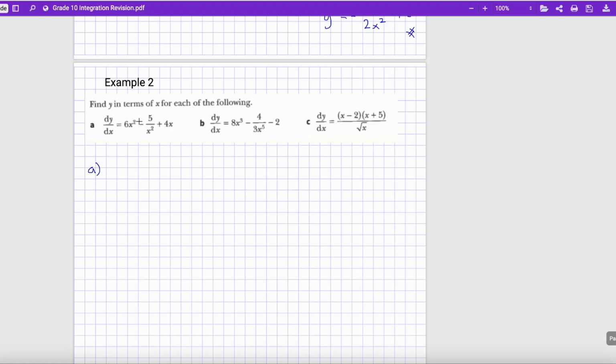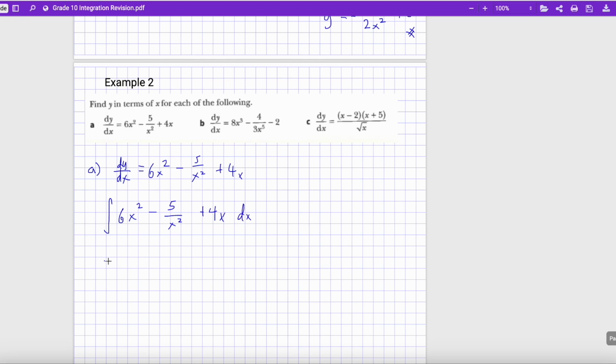Okay, so let's check your answer. Let's see if you got it. So if dy over dx is 6x squared minus 5 over x squared plus 4x, we're going to integrate this whole thing with respect to x.